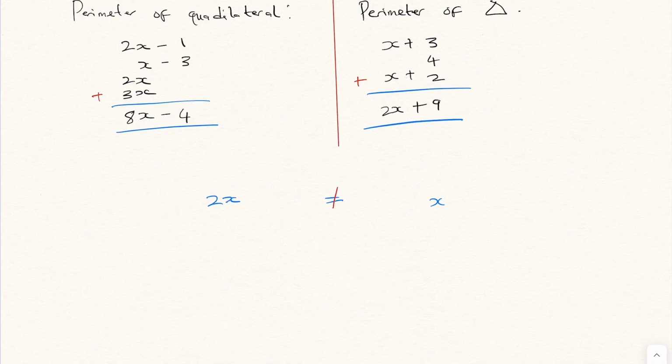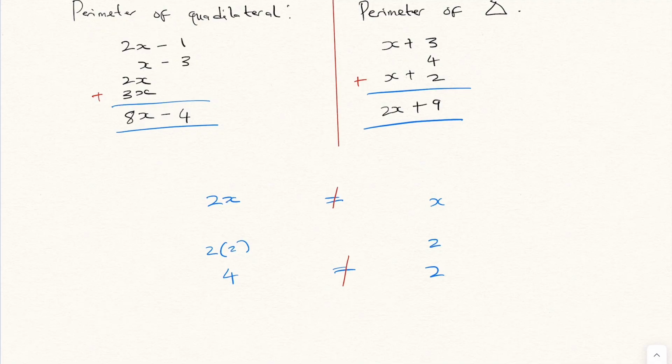So what I mean by this is that, let's say for example x was 2, it means that the perimeter of the triangle will be 2, right? So if x was 2 and the quadrilateral is double of 2, it will mean that this quadrilateral will be 2 times 2 here, which is 4. So just like how I said before, 4 is not equal to 2.